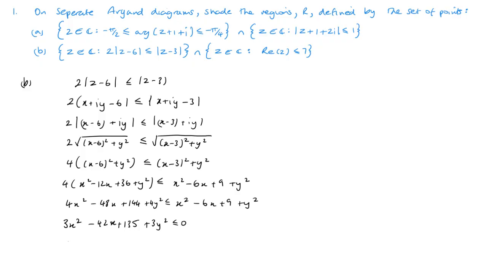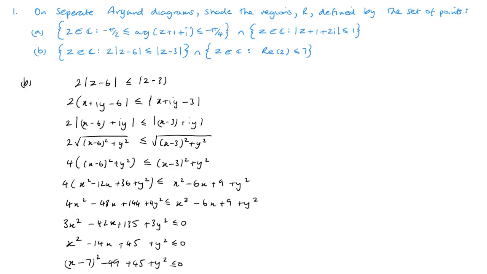Now we can divide by 3, so 42 divided by 3 is 14x, 135 divided by 3 is 45 plus y squared. Now complete the square, so this is (x minus 7) squared minus 49 plus 45 plus y squared.